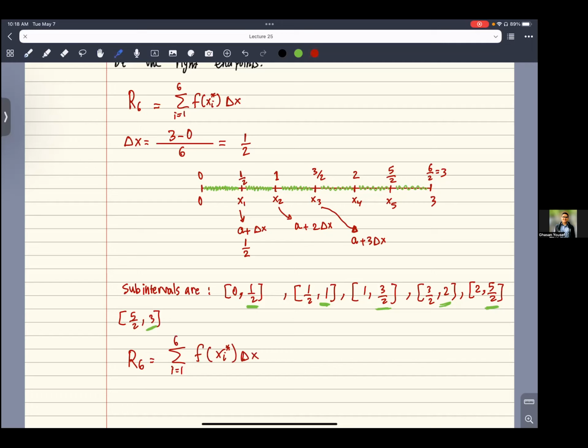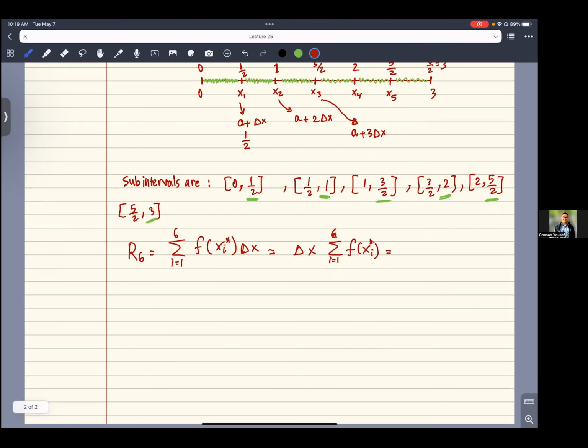Because the sum depends on i, delta x is a constant, so I can take it outside the sum. So it would be delta x times the sum of f of xi star, i equals 1 to 6. And delta x is 1/2.